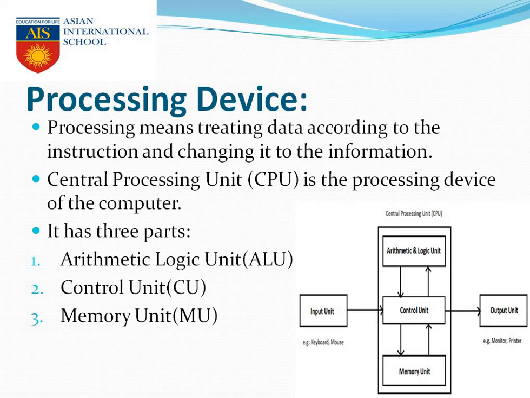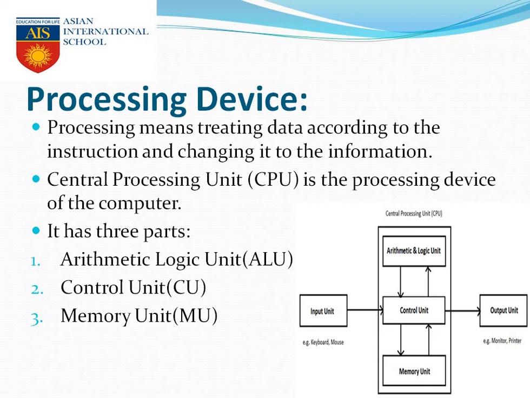Processing unit means your machine CPU, which consists of three devices: ALU, CU and MU. ALU stands for arithmetic logic unit. The purpose of ALU is to do the arithmetical and logical operations. Then the purpose of control unit is to control the information, to check whether the result is correct or not, to check whether the instruction given by the user is executed or not, and when the instruction should be executed.